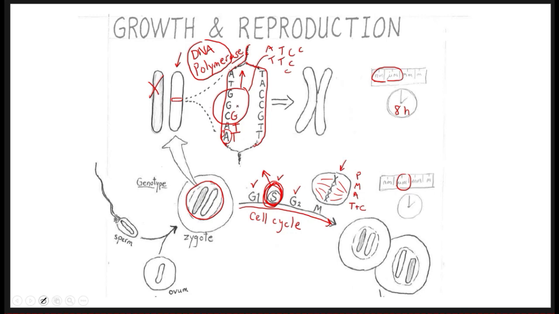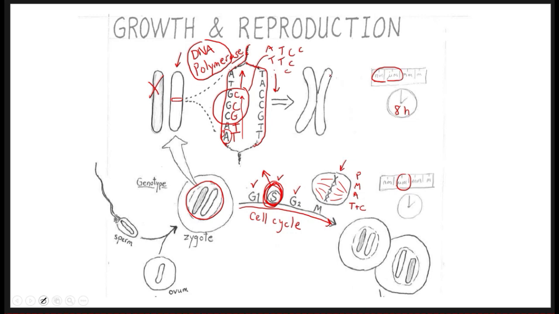C's match with G's, G's match with C's. And I'm just going to keep doing that all the way down the line from one end to the other. And then another DNA polymerase is going to move down this strand. They move on the old strand from the 3' end to the 5' end. So they construct a new one in the opposite direction.